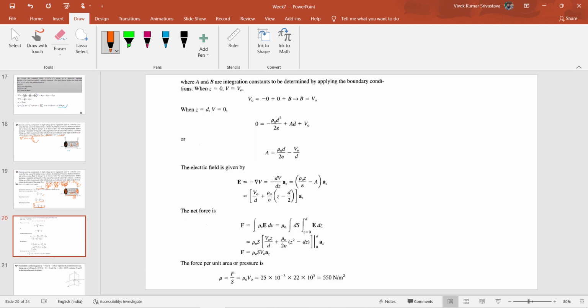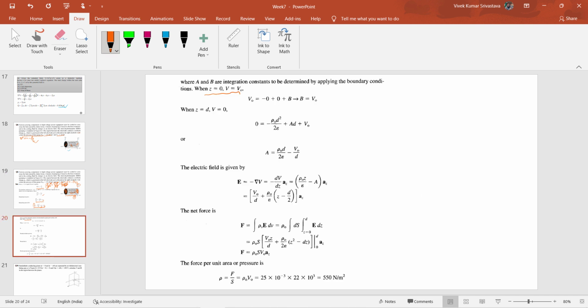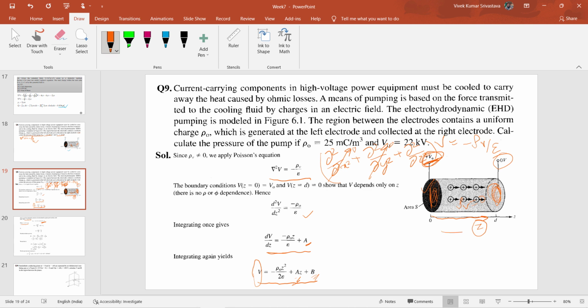So let us move ahead. So at z is equal to 0, V will be equal to V naught. Okay, so we will put the value of z as 0 here, so b becomes equal to V naught, from the first boundary condition. Now the second boundary condition states that when z is equal to d, the potential becomes 0.